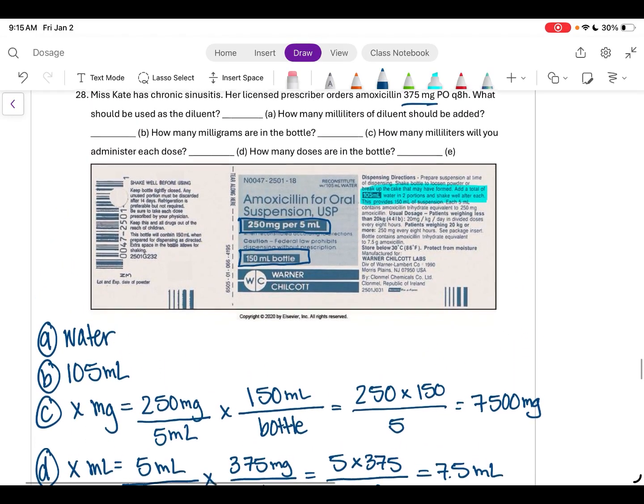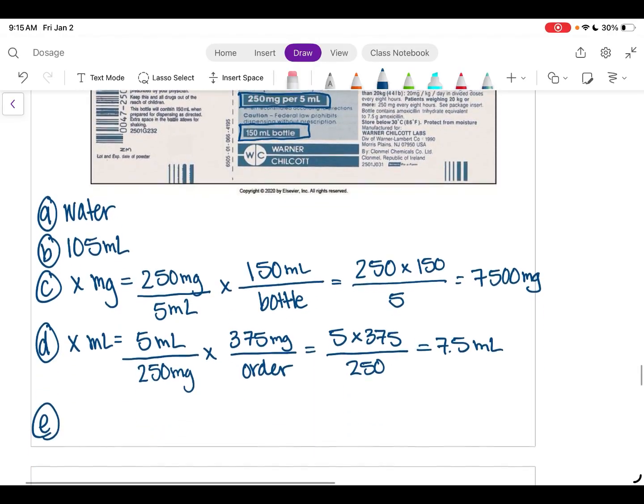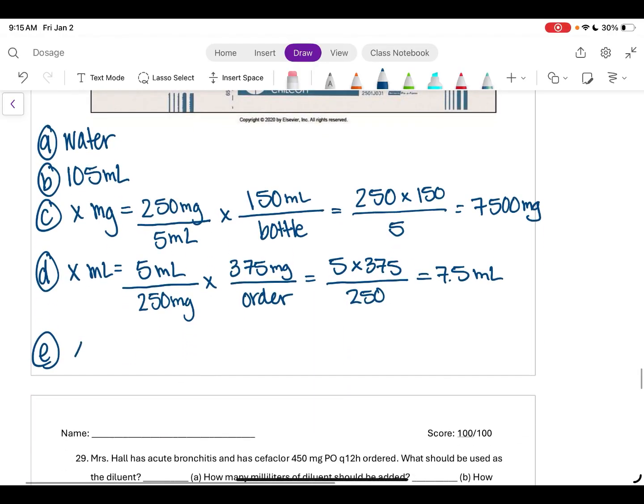And then E, how many doses are in the bottle, right? X dose, right? We just figured out that one dose is 7.5 milliliters. We know that the entire contents of the bottle are 150, right?